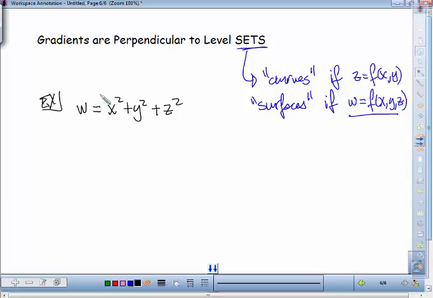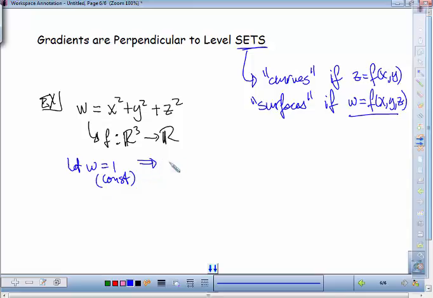This is a function that goes from R3 to R. F goes from R3 to R. And then if I take a look at w equal to 1, for example, any constant, then I'm going to have 1 is equal to x squared plus y squared plus z squared.